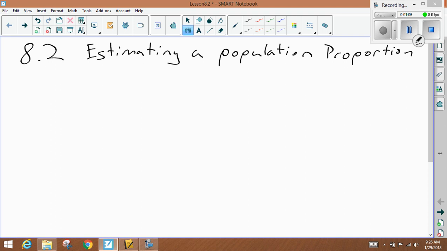About proportions. But before we do that, we have conditions, okay? So we have some conditions for constructing a confidence interval.